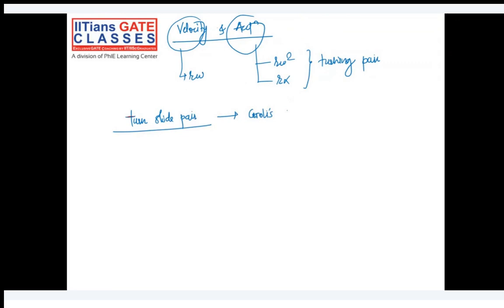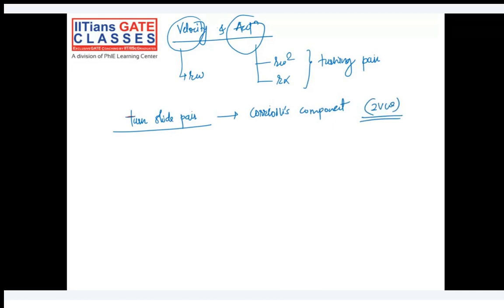Coriolis component of acceleration. The value of it is 2v omega, and we have studied the direction also.